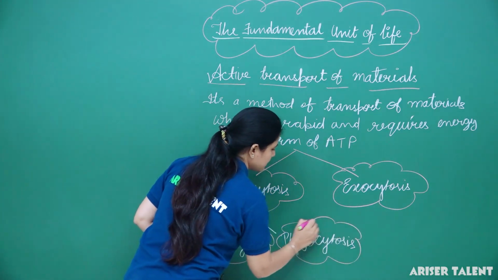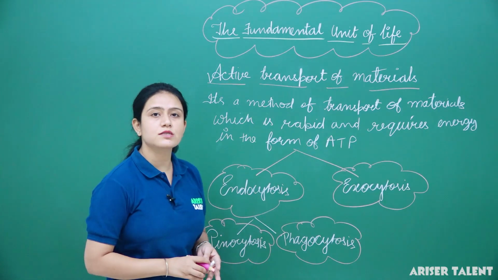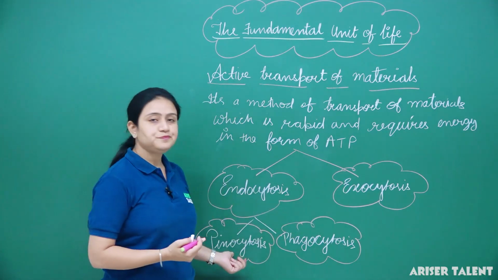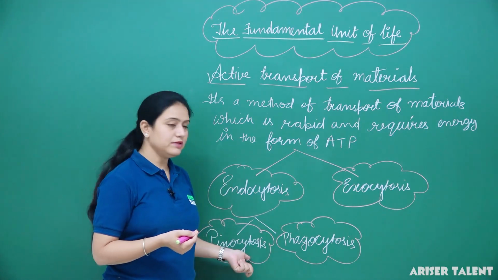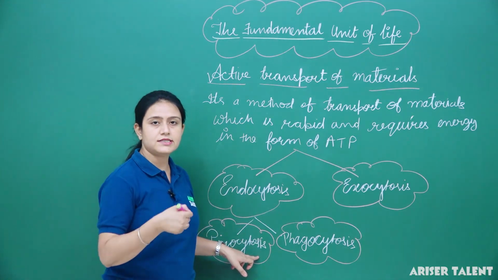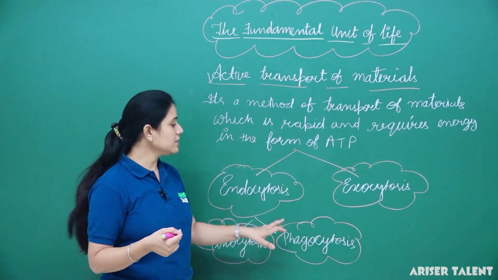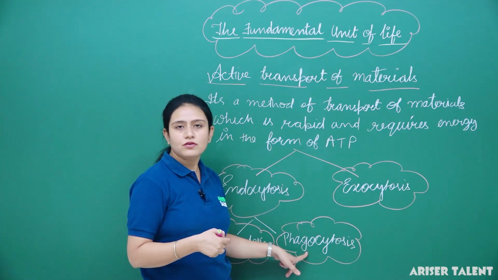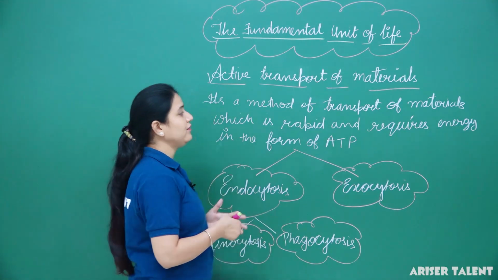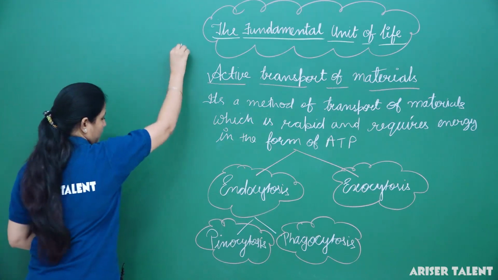Now what is pinocytosis? When the liquid food material is taken inside the animal body or inside the cell, that is known as pinocytosis, and when the solid food material is taken inside the cell, that is phagocytosis. Okay, so here we will discuss all these things in detail.